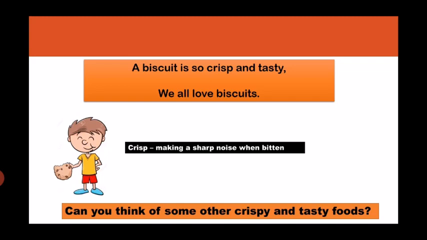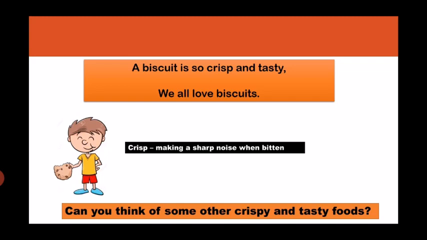First you need to know that a biscuit is so crisp and tasty. We all love biscuits. What is the meaning of crisp? Crisp means making a sharp noise when bitten. Like when you eat wafers or something that is hard, you make noises with your mouth when you bite them.